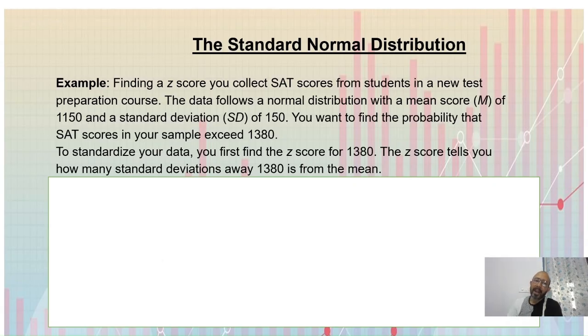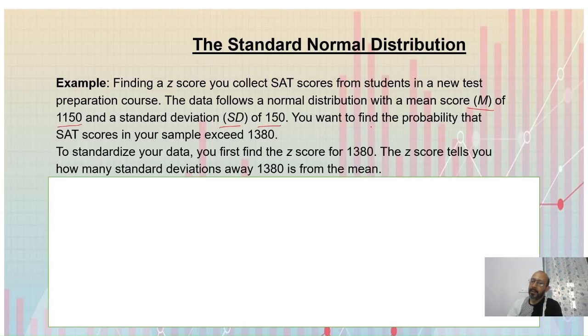Example: finding a Z score. You collect SAT scores from students in a new test preparation course. The data follows a normal distribution with mean score M of 1150 and standard deviation SD of 150.